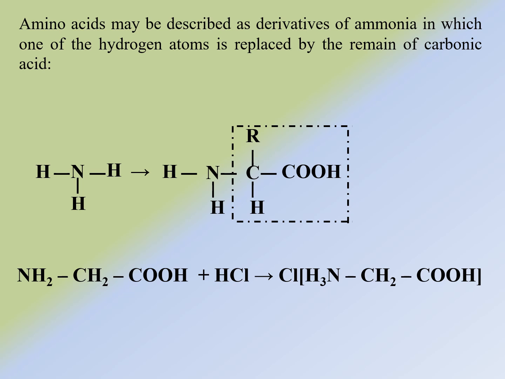An amino acid can be imagined as a derivative of NH3, but instead of one of the hydrogens there is something organic. R means a radical. It can be different. For 20 proteinogenic amino acids, R is different. Yes? That's the trick.